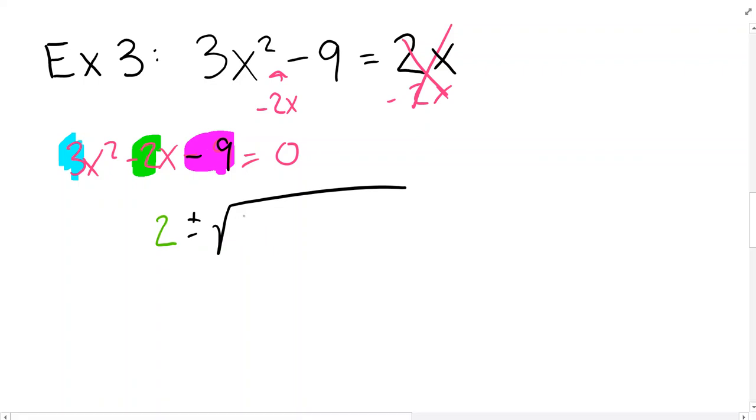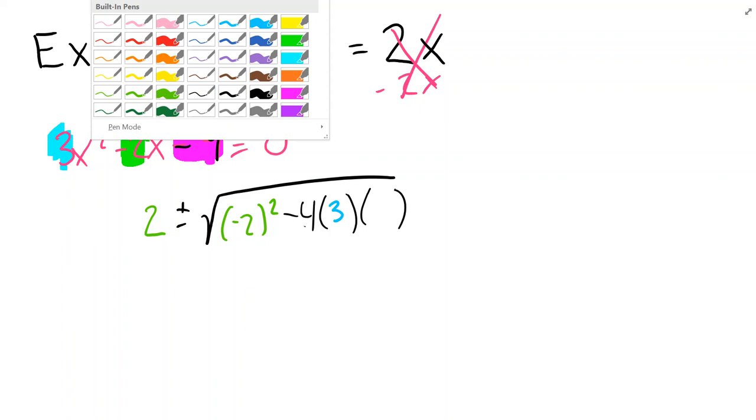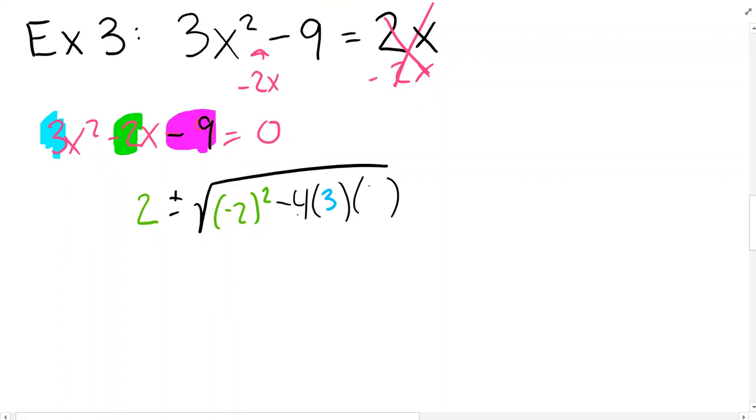This is negative 2 squared minus 4 times my a times my c. My a is 3, my c is 9, negative 9, sorry about that. And then this is all over 2a, so this is all over 2 times that 3 again.